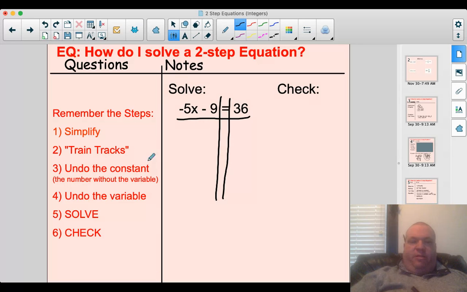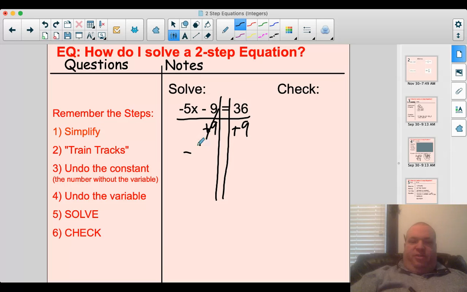Train tracks are drawn. Undo the constant. So this minus 9, this part that does not have the variable, that's the first thing I'm going to undo. So I undo minus 9 with the plus 9. The minus 9 and plus 9 cancel out.